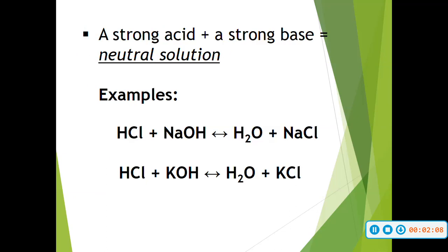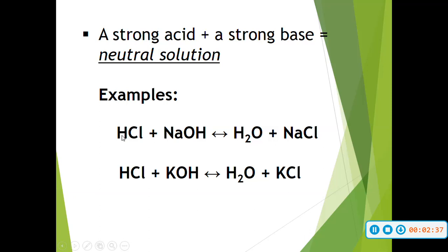A strong acid and a strong base will produce a neutral solution. For example, if we have hydrochloric acid and we combine it with sodium hydroxide, we produce water and a salt. The easiest way to predict how they are going to form new products is by matching them.